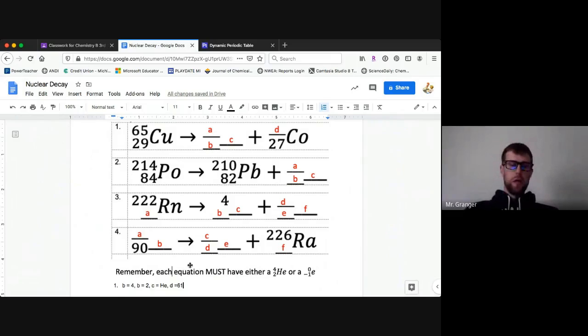Now, number 2 works the same way. On number 2, we have A, B, and C that we need to figure out.